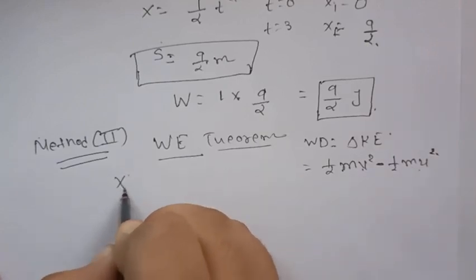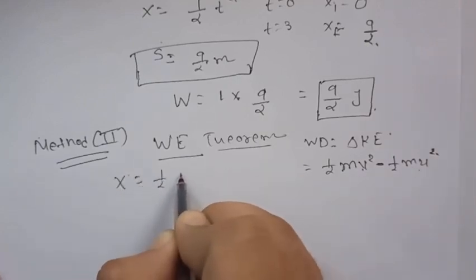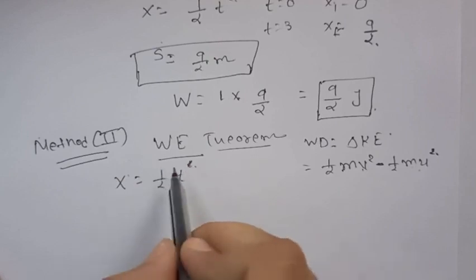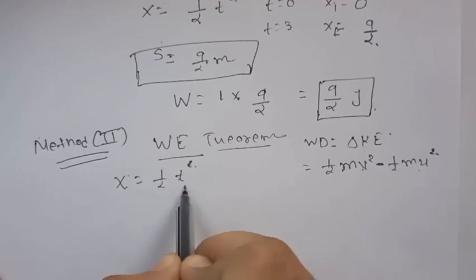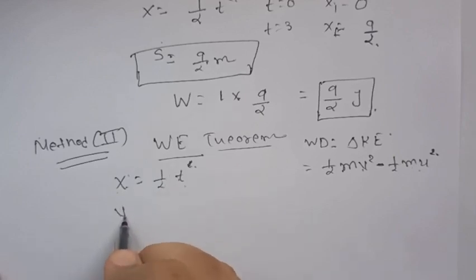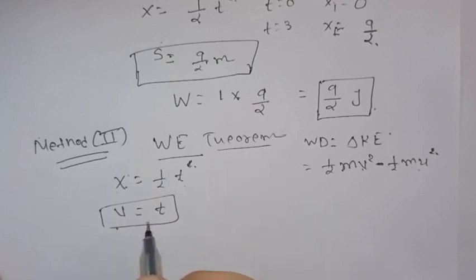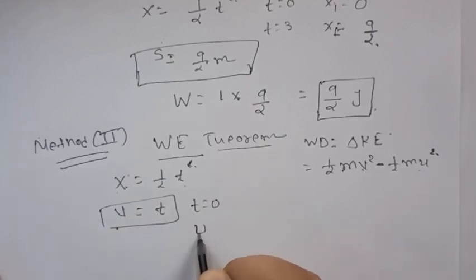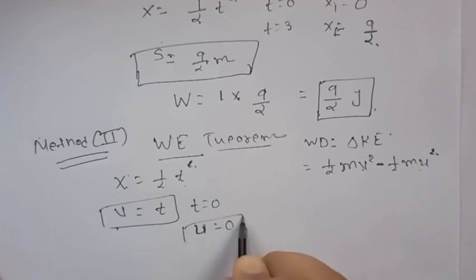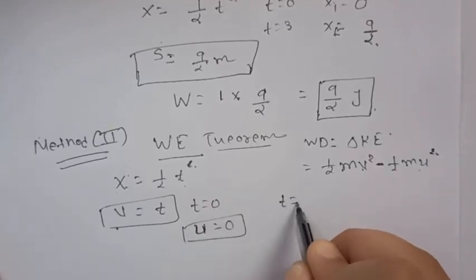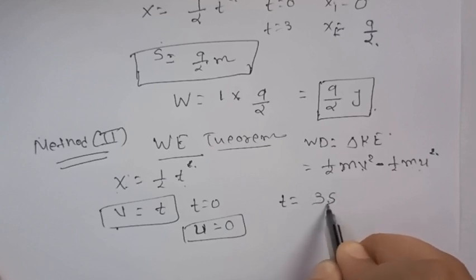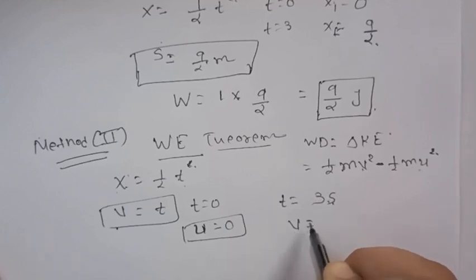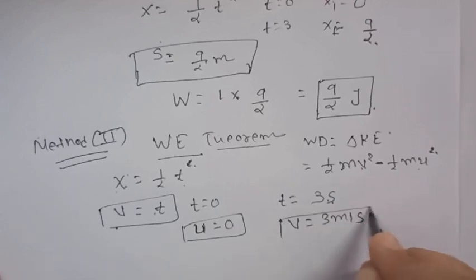We know the position equation, x equals half t square. Differentiate both the sides with respect to time. We will get velocity that will be equal to t. So at t equals 0, initial velocity will be 0, and at t equals 3 seconds, the final velocity will be equal to t, that is 3 meter per second.